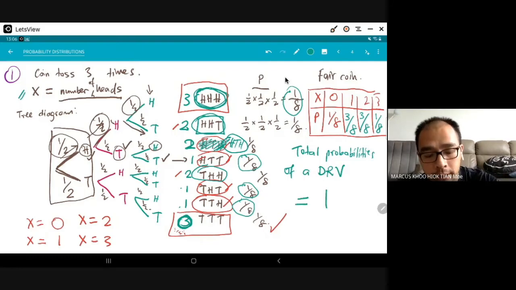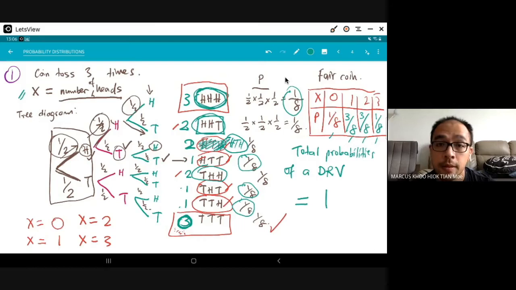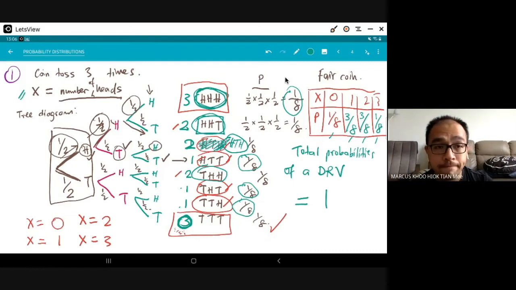Try calculating: 1/8 plus 3/8 plus 3/8 plus 1/8. If the answer is 1, then your table is complete. And you will obviously find that that's what is happening.